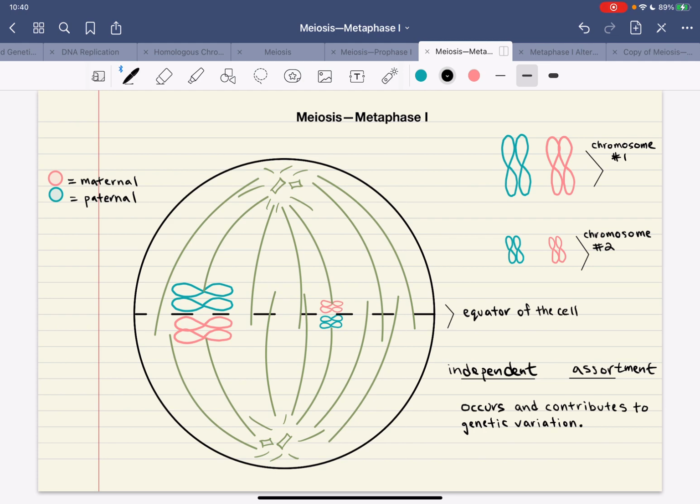I also want to say one more thing. It's a 50% chance as to whether the gamete will get the maternal or the paternal chromosome. Either could happen.